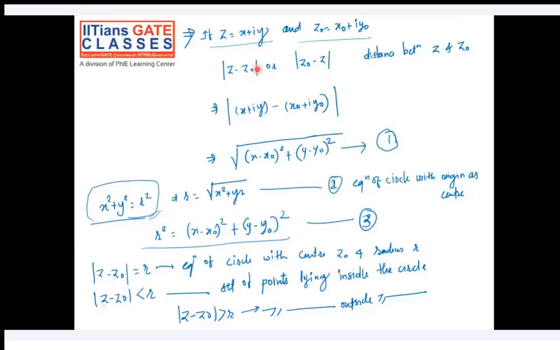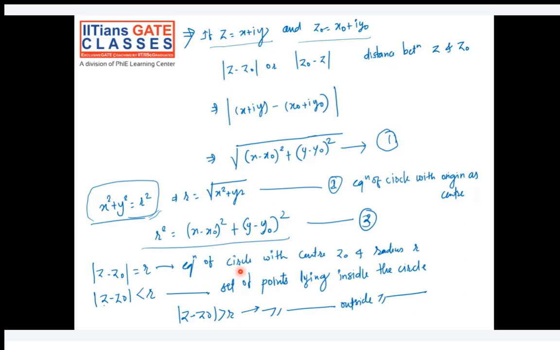This was our equation and we have derived it to this level, equation 2 and 3. So if mod of z minus z0 is equal to r, what does it indicate? It indicates the equation of circle, right? So it represents the points which are lying on the circle, which means they are at a radius r from the center z0.